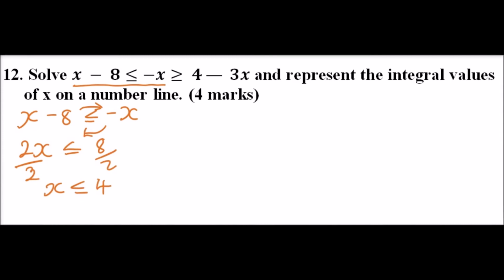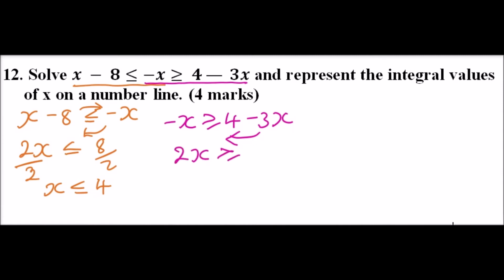Then from there, we take this side, and we say minus x greater or equals to 4 minus 3x. We bring minus 3x to this side, becomes positive. So we have 3x minus x, we will be left with 2x is greater or equals to 4.